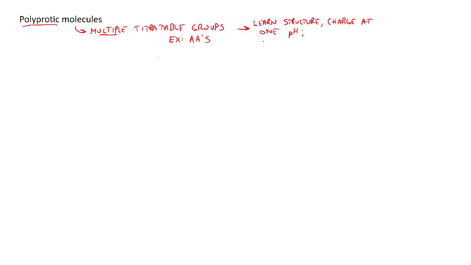And then if pKa values are given, you can figure out the charge at other pHs. Worksheet 1 has a problem related to this. So in any polyprotic molecule, if you have multiple titratable groups, you're going to have multiple pKa's.